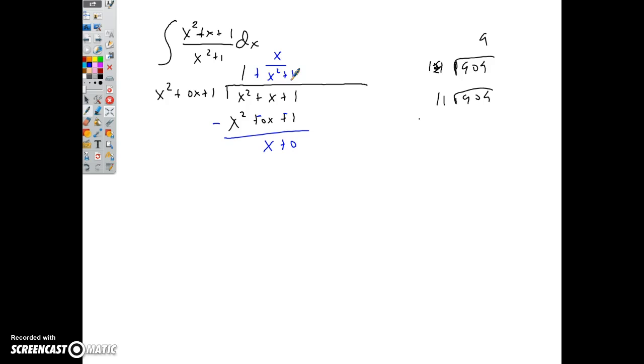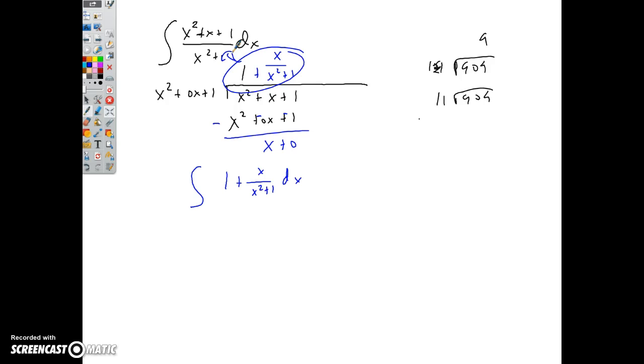All right. So why do this? Because all I did is divide. I haven't actually done any integrating at all. But think about it. Now I'm going to integrate instead 1 plus x over x squared plus 1, because this is the same as this, right? And can I do that? Yes, I can.